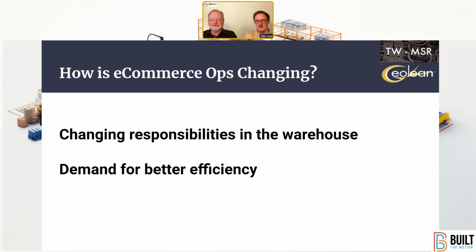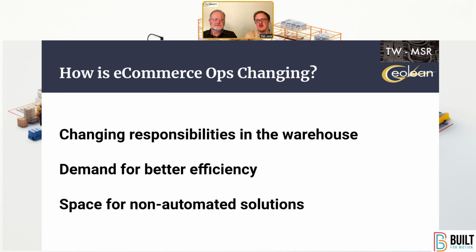Yeah. And one of the points that we've been discussing too is that there's a lot of talk going around about fully automating solutions, robotics, conveyor belts, and all of those sorts of things. But there seems to be a lot of space for non-automated solutions too, which is a lot of what Geolean works with.